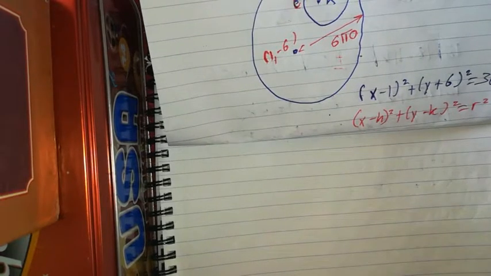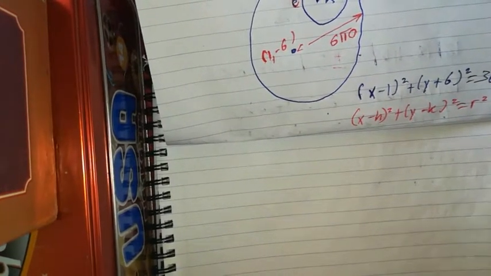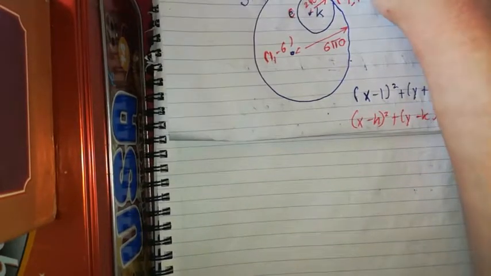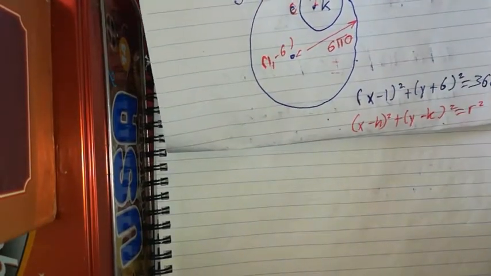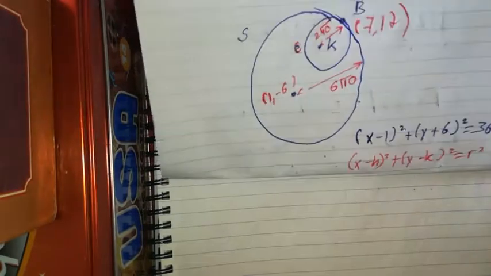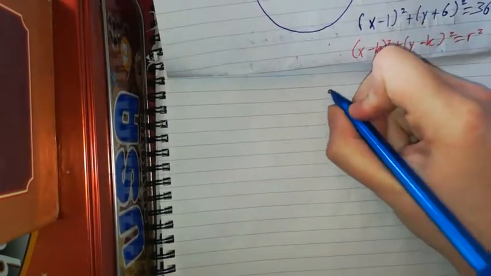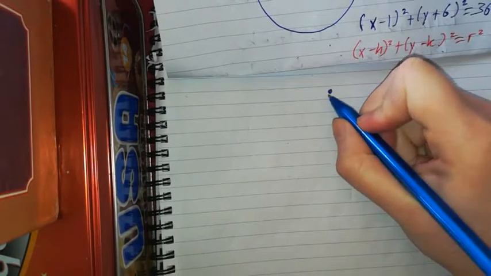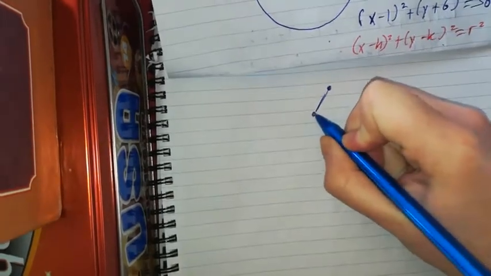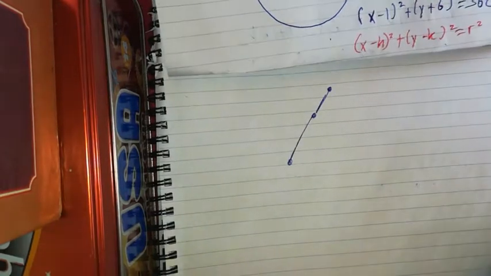And then we are asked to find the coordinates of K. Well, if we wanted to find the coordinates of K, what we could say is, if we have from B to K to the center of the bigger circle, do they give us the point?